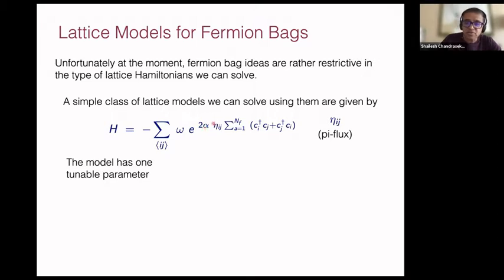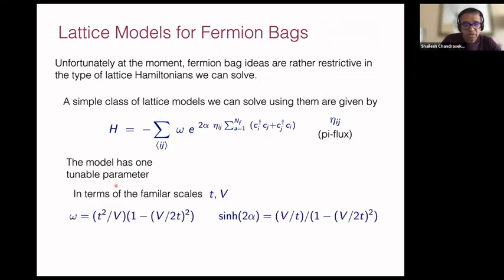That's the physics we'd like to understand for this class of models. In a more familiar set of terms, for example, for N_F equals 1, this model is basically what we call the t-V model. And that tells us what alpha should be in terms of t and V. These are the alpha and omega related to t and V in this simple way.